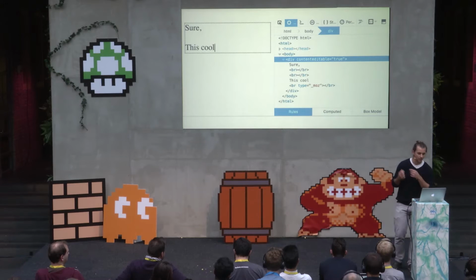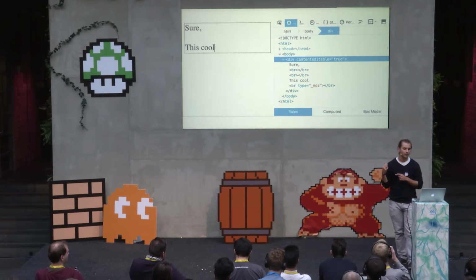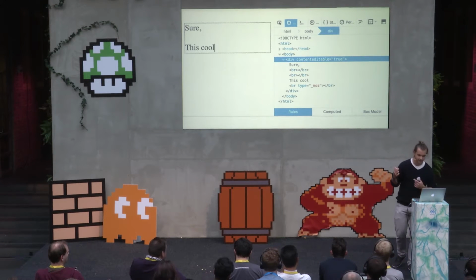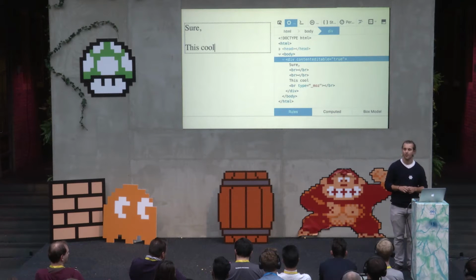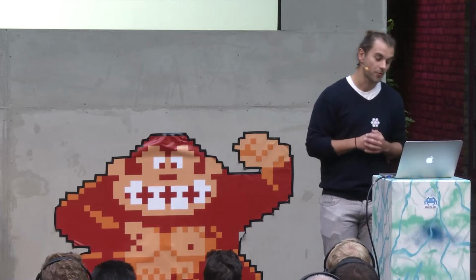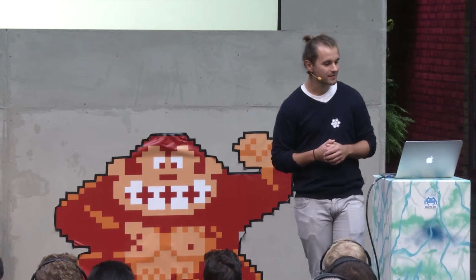In Firefox, we have line breaks, and at the end there's this line break with type moz. I don't know why, but that's what it is. This makes it really hard to use, because I don't even know what IE would do and what other browsers would do. This is a bit unfortunate.